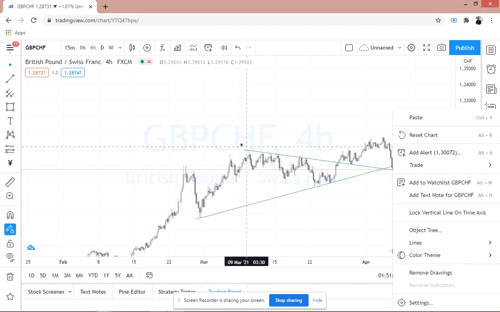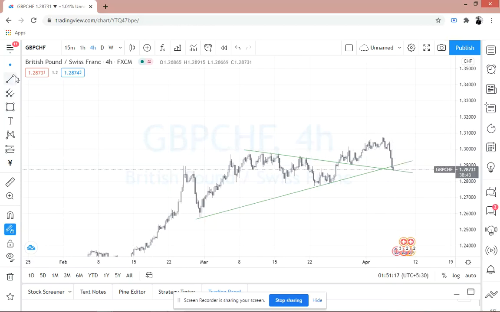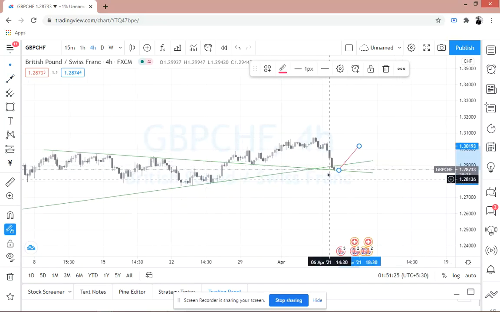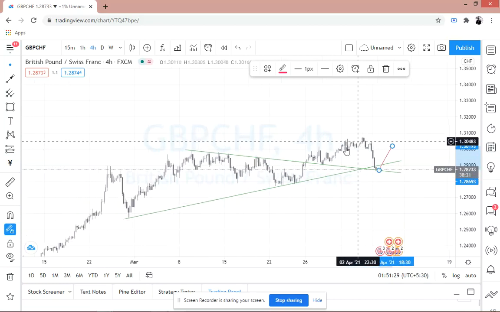Okay. So what I'm expecting in this kind of situation is the buyers to enter from this level. So let's watch out. If the sellers become weak, we should expect buyers entry at this level.